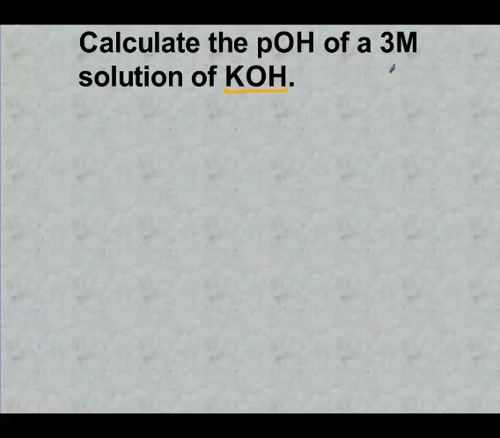So this is a strong base, therefore this is my concentration of OH because KOH only has one hydroxide. Therefore, I'm going to find my pOH. And that's negative 0.47. This problem only wanted the pOH, so I do not subtract from 14.